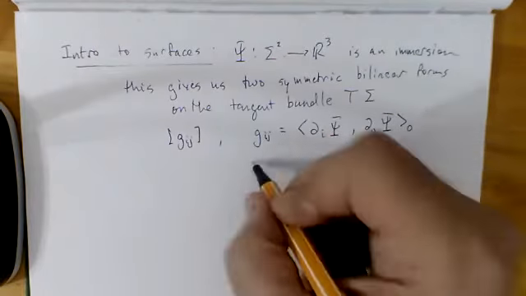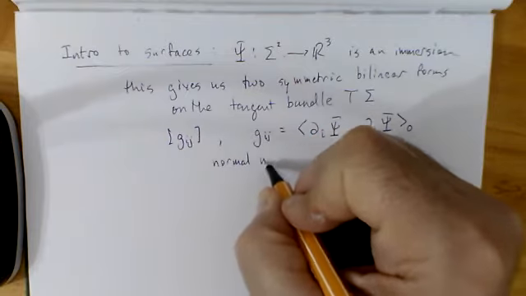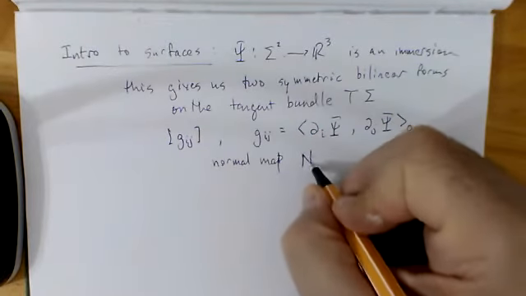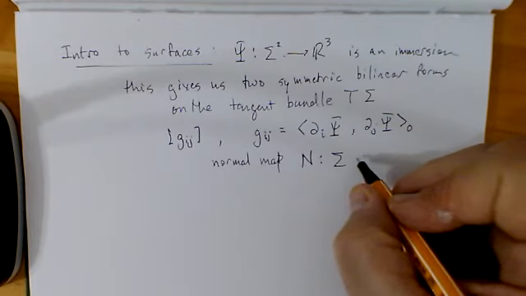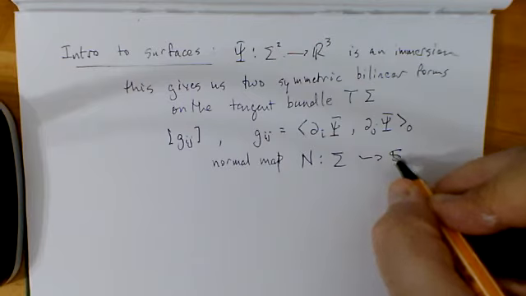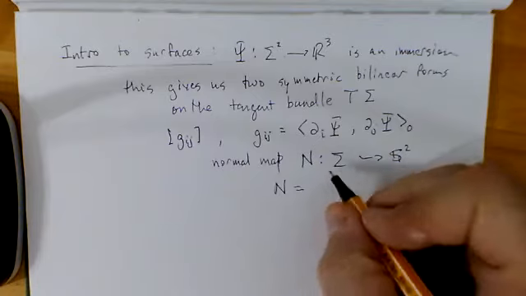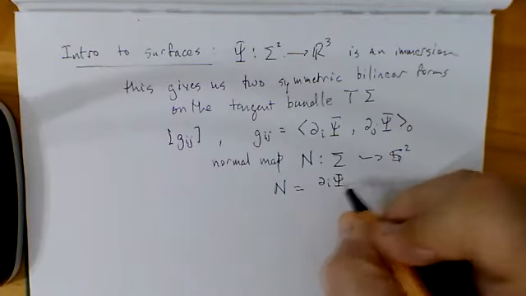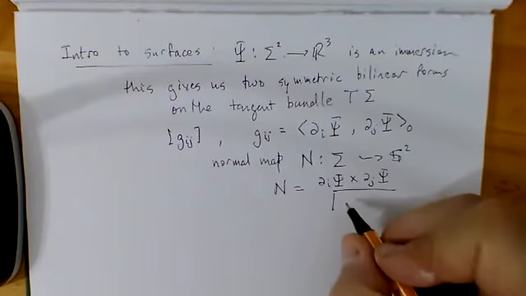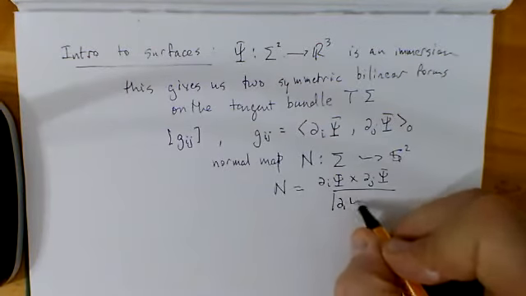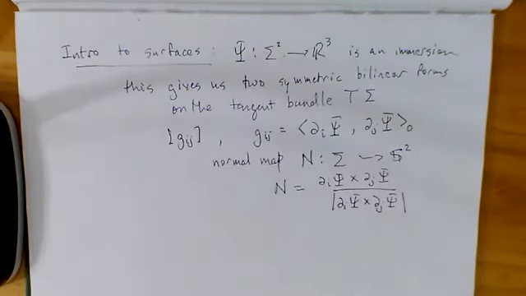We also obtain a normal map. We should think of this normal map as a mapping from the surface into the two sphere, and this is given by n is equal to, so one particular choice of a normal, at least locally, is this.